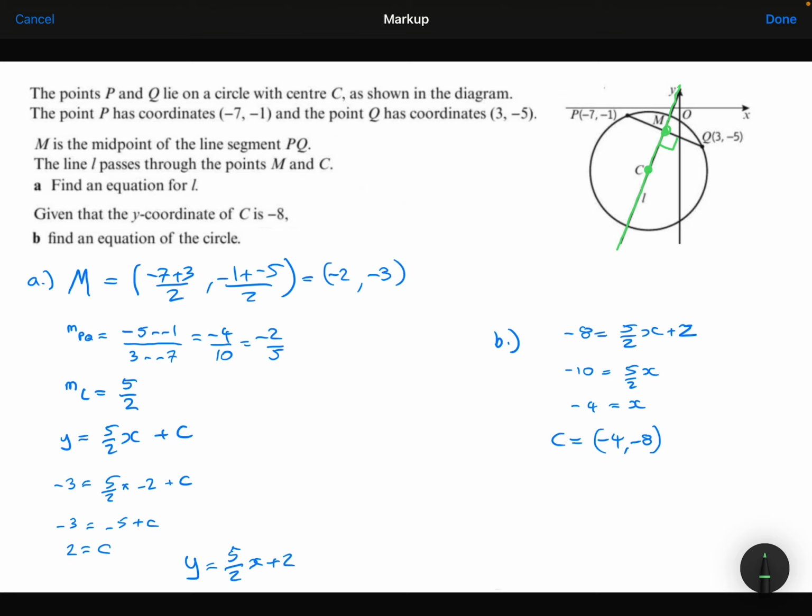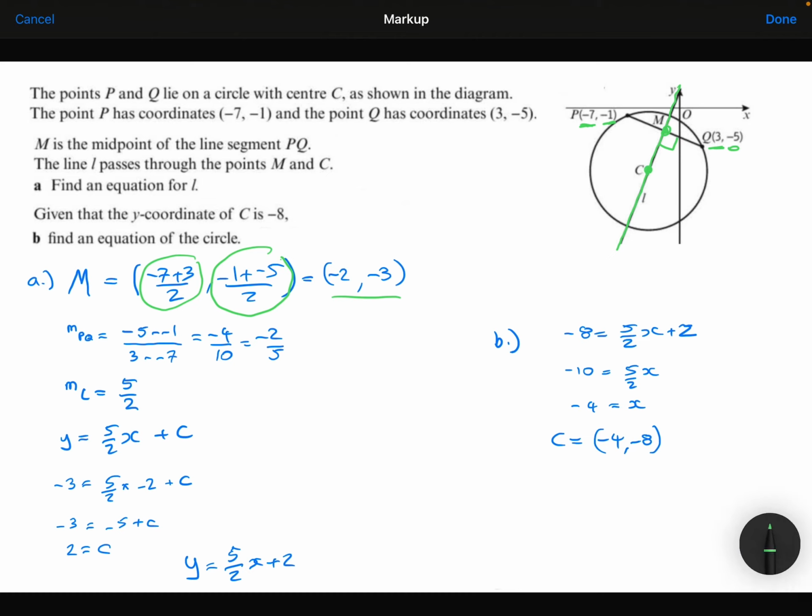What I did to begin with was work out the coordinates of point M, because I know it's the midpoint. I added the x coordinates of P and Q together and divided by 2, then added the y coordinates of P and Q together and divided by 2. So I know the coordinates of M are (-2, -3).